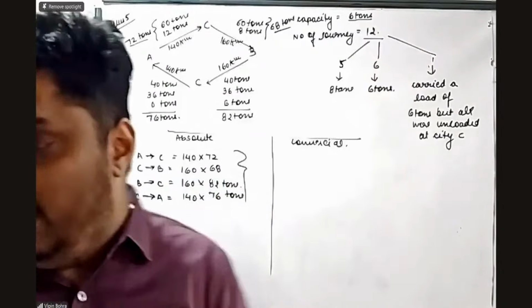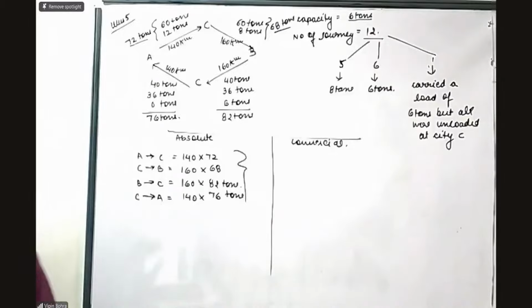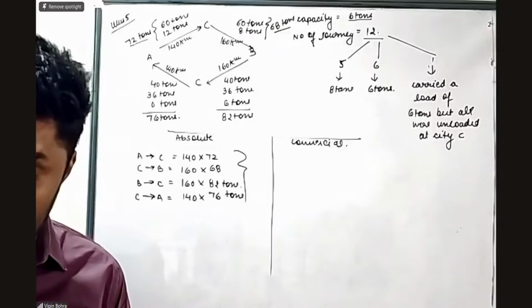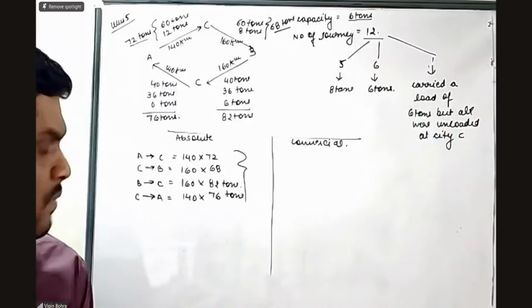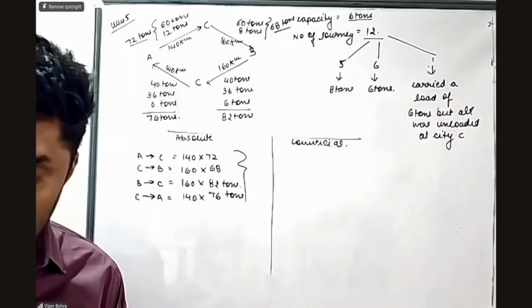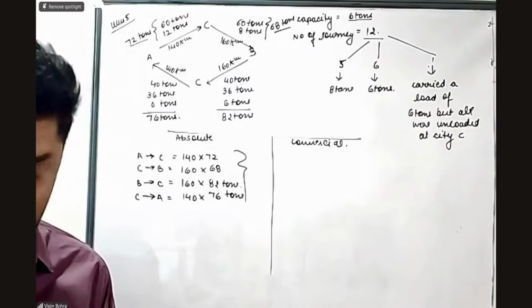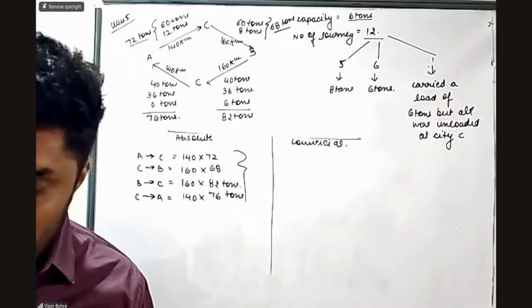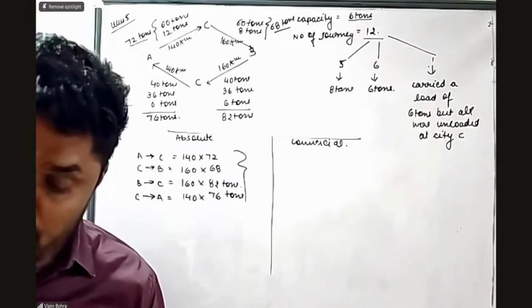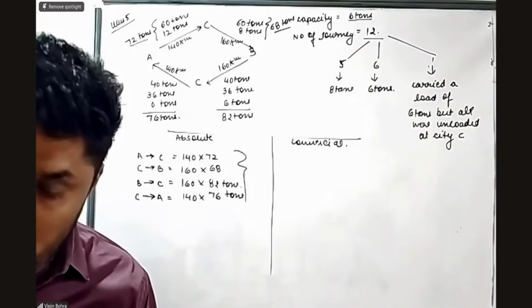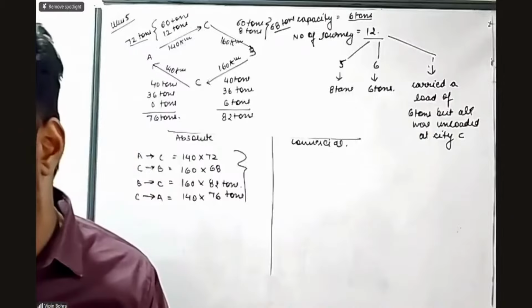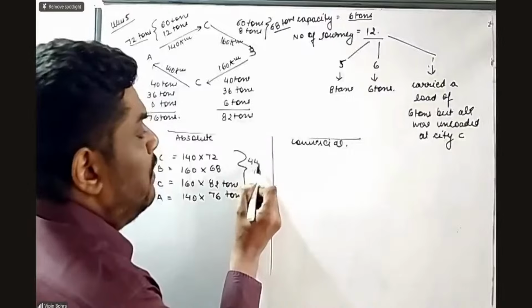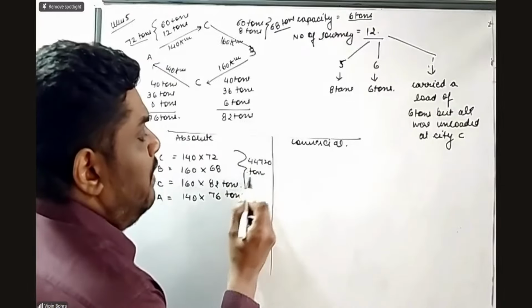This is how we will calculate the final answer. So this will be 44,720 ton kilometers.